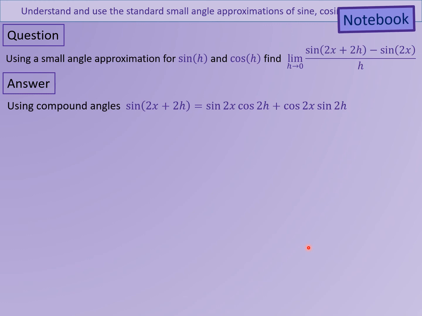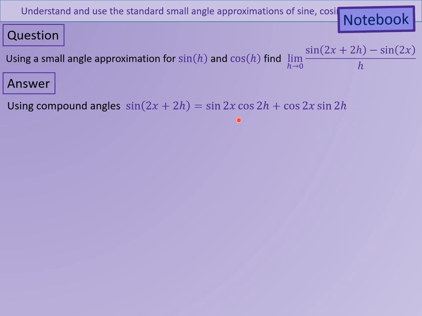So if I want to differentiate sine, I can first of all notice that, using the formula for differentiation from first principles, sine 2x plus 2h is exactly the same as a compound angle. So I'm using the correct compound angle formula, which I've got just there.